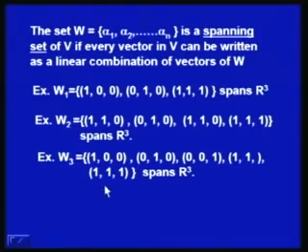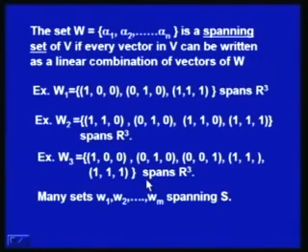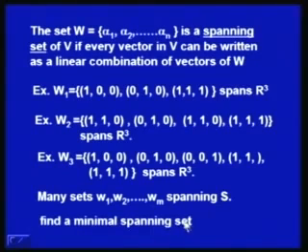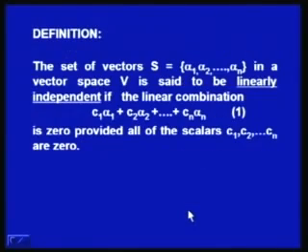In fact, one may notice that there are a number of subsets which can span the vector space V. So there may be sets W1, W2, Wm spanning vector space V. Now the question is, can we find a minimal spanning set? For this we will be giving some definitions first and then some results.